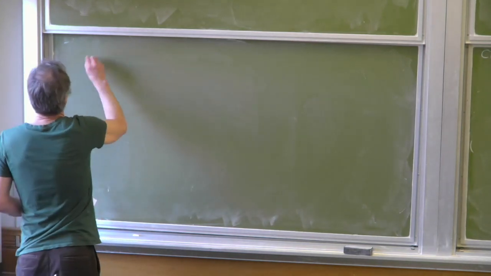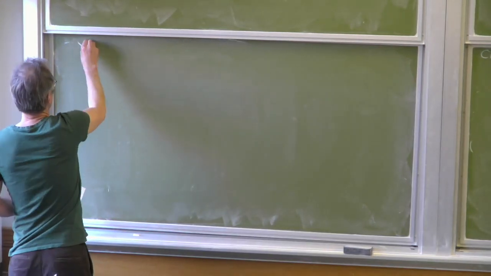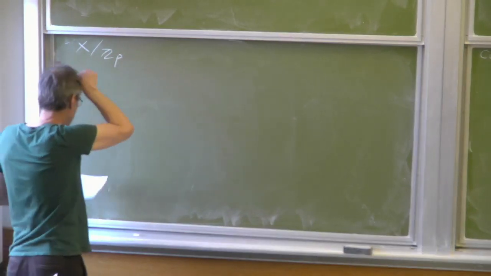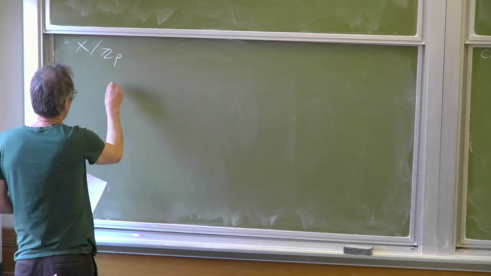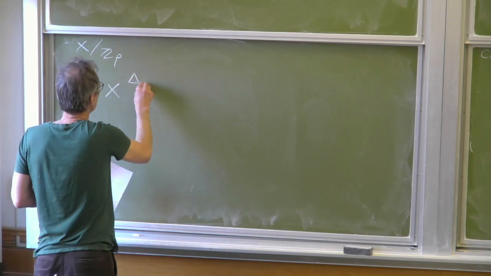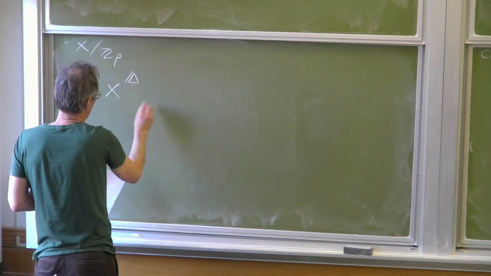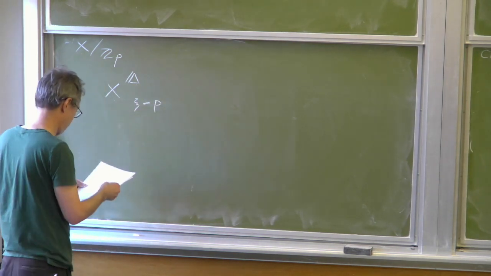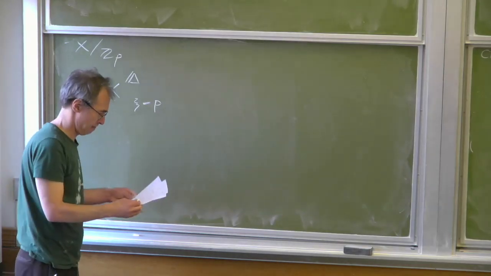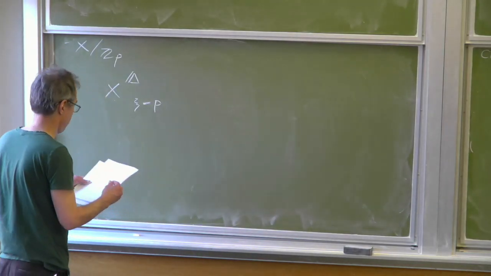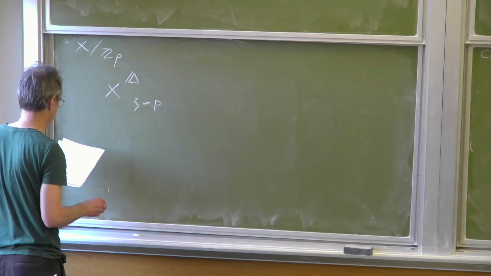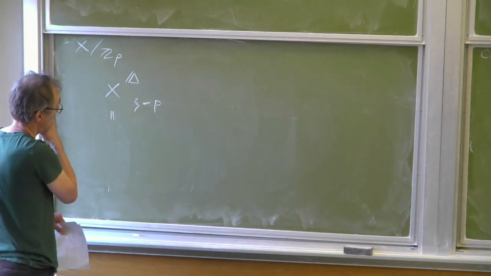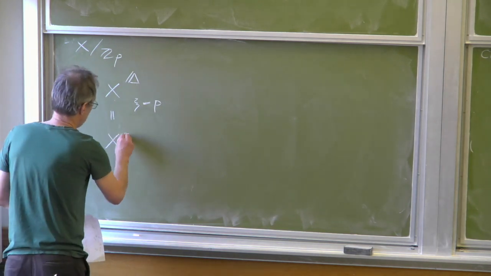So suppose I have some X over Z_p. Then we can consider the sheared prismatization at point C equal p. Oh, sorry, this is the usual. Is it also called the de Rham? It's also called the de Rham.